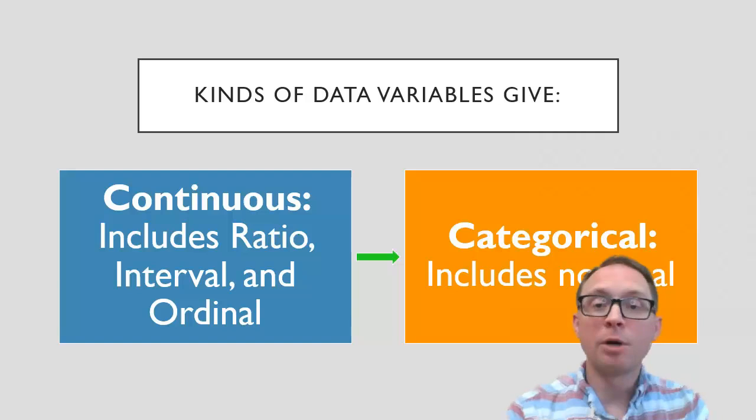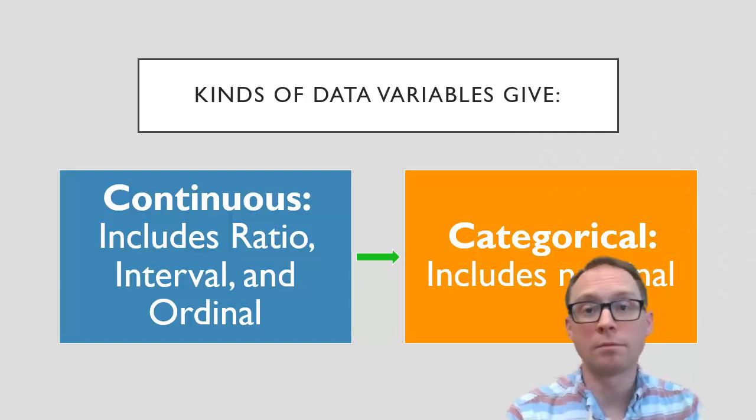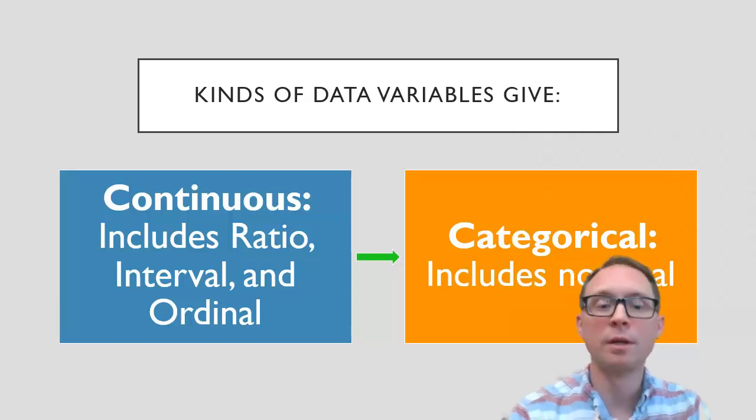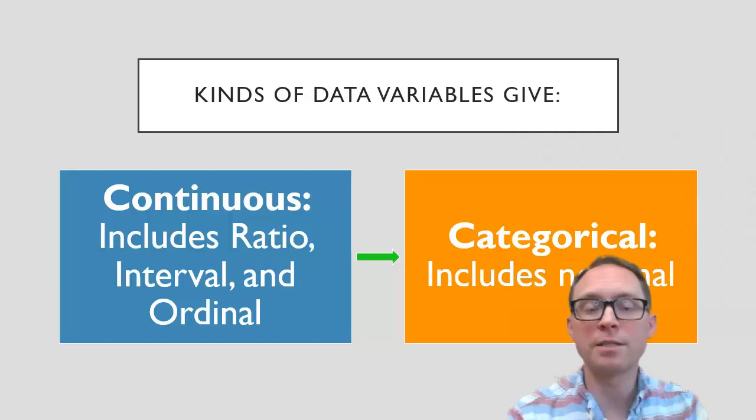In real life, a lot of people argue as to whether or not ordinal data counts as continuous. You don't care, because in psychology we do this all the time. Now you can go take a grad school stats class and you can mess with that stuff. But for us, ordinal, interval, and ratio, that's all continuous. Nominal data we're going to call categorical data.